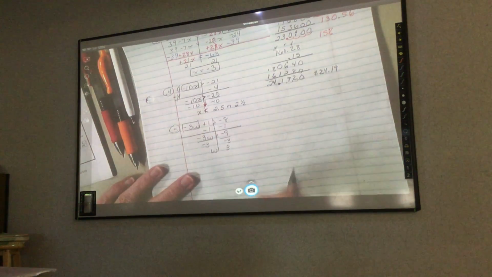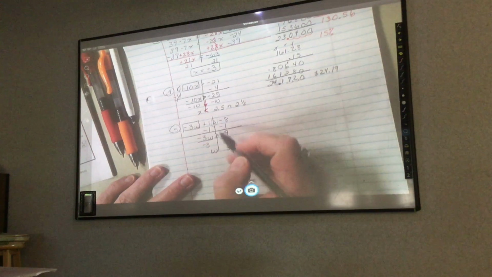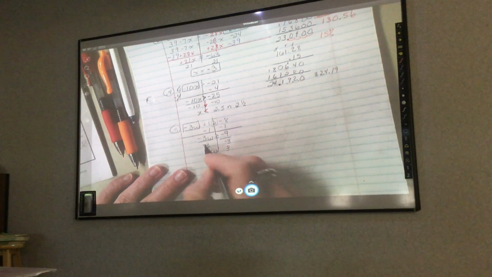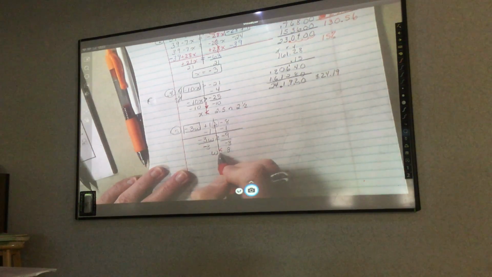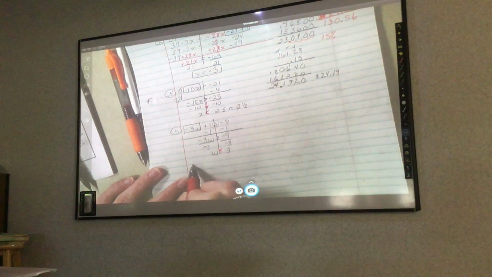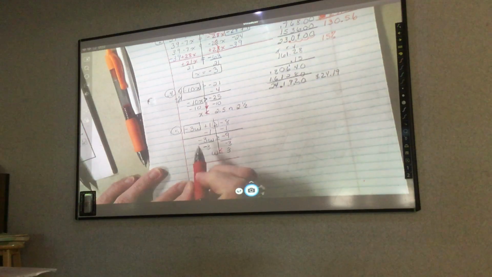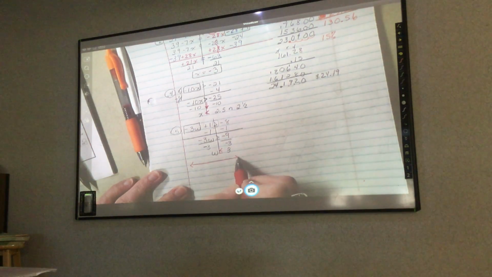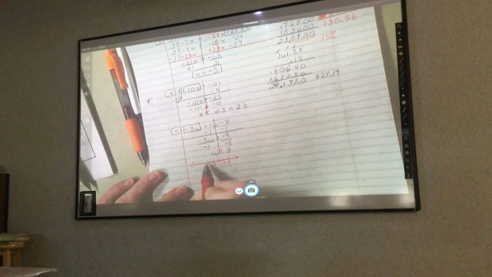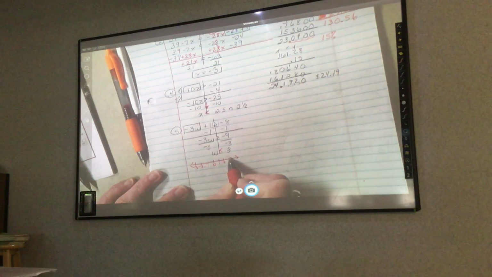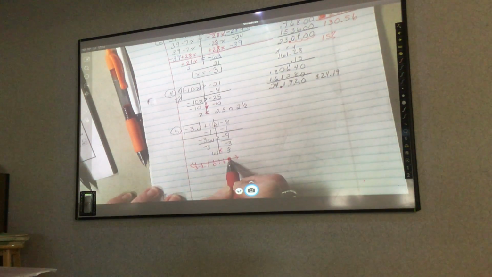What am I going to do with my sign? Switch it because I'm dividing by a negative. So now it becomes W is less than or equal to 3. So to graph it, it is a filled in circle, and since it's less than, my arrow goes to the left.